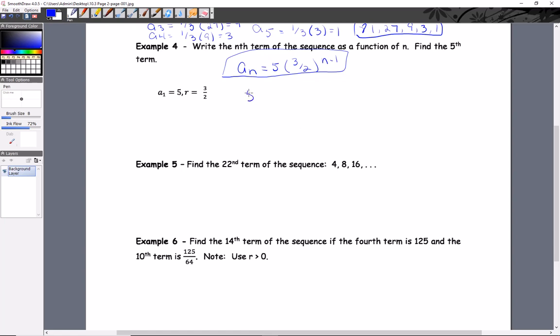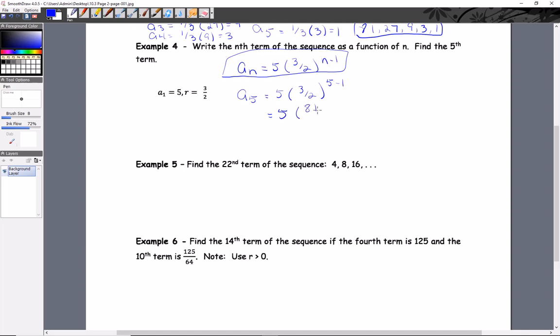So that would be, hold on, a little too big. All right, so fifth term is a sub 5, and that equals our first term, 5, times r, which is 3/2, to the n minus 1, which is 5 minus 1. All right, that would be to the 4th power. So let's see, that'll be 5, and then 3 to the 4th power, I believe, is 81.